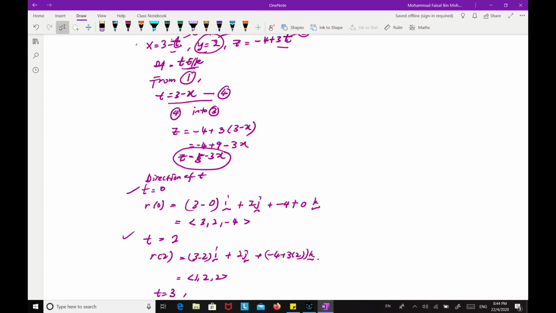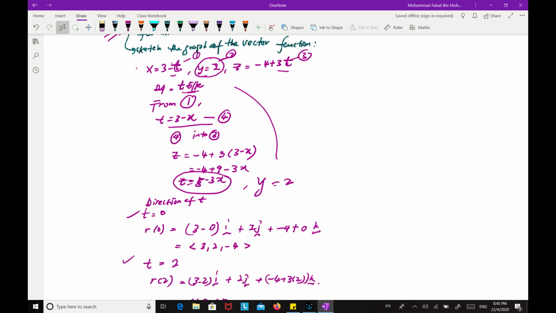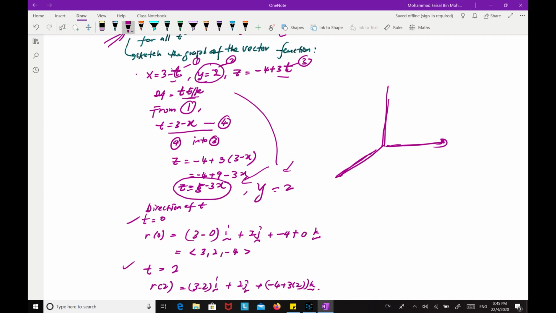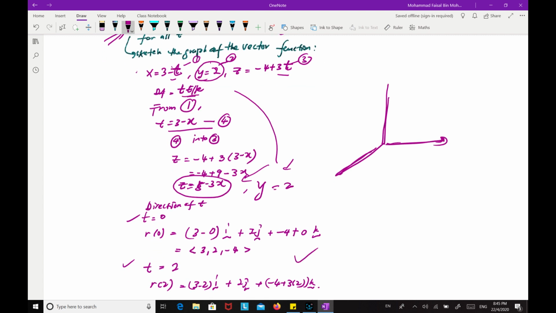So we have the function z equals 5 minus 3x, and y equals 2. First, we sketch in 3D. We try to sketch this first. Actually, we can start from here, but I suggest you sketch this first.